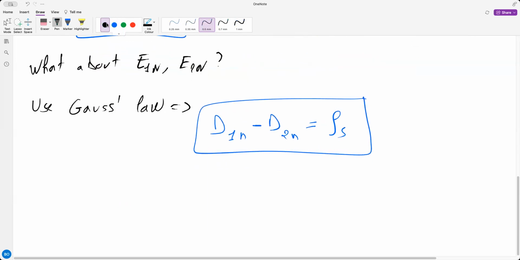Why? Let me explain here. This is the interface between medium 1 and medium 2. So this is medium 1, with electric permittivity epsilon 1, and medium 2, with electric permittivity epsilon 2, right?